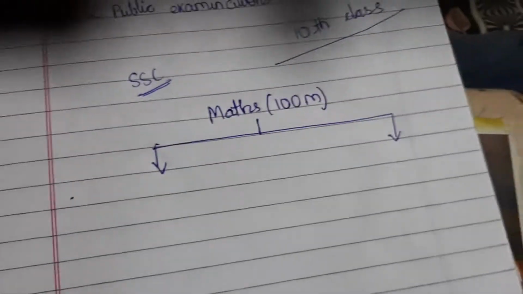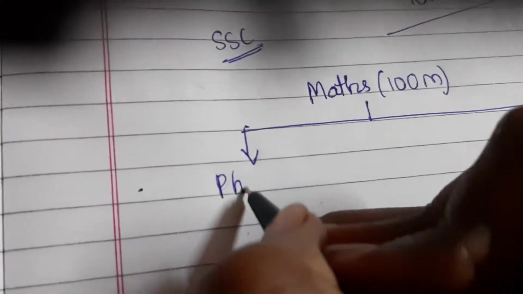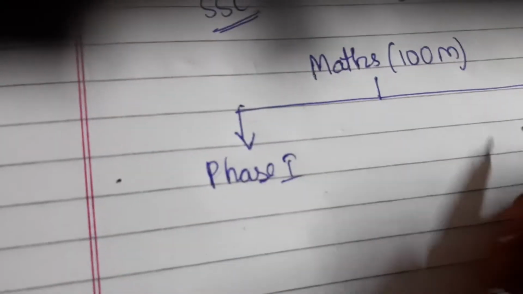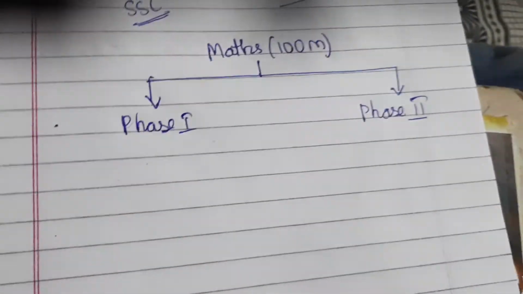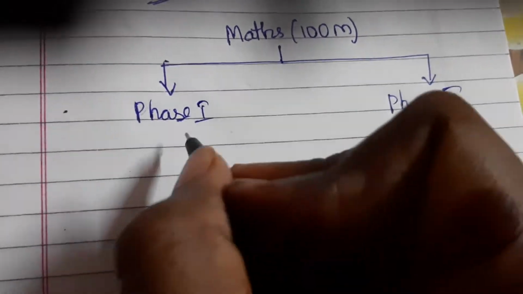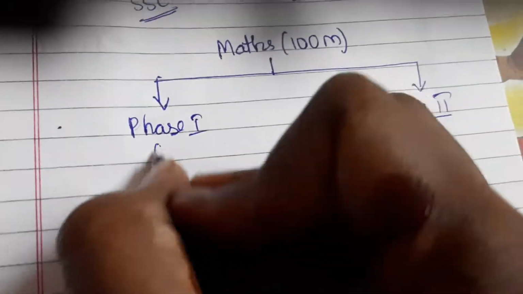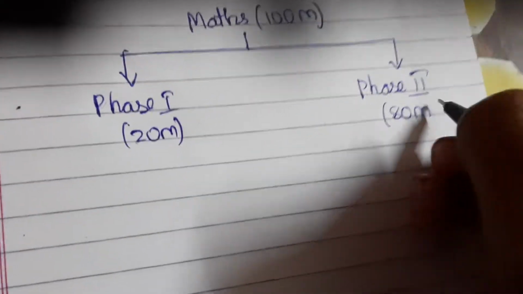Now this 100 marks is divided into two phases, phase 1 and phase 2. Phase 1 is for 20 marks. Phase 2 is for 80 marks.